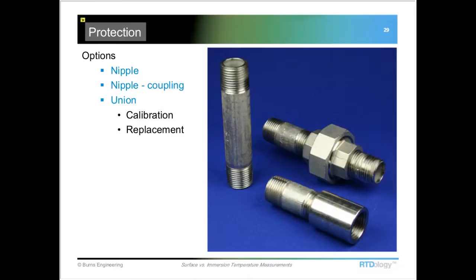Some of the other options for immersion style sensors, just to make maintenance a little easier, would be the addition of a pipe union. It makes removal of the sensor from a thermal well much easier. You don't have to disconnect any of the wires inside the terminal head. Just undo the union, pull it out of the well, and then you can put it right into a calibration block, for example.